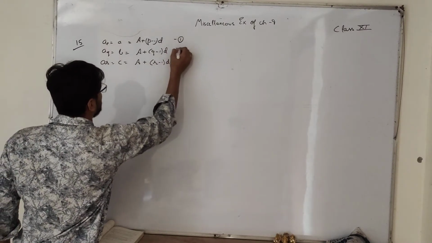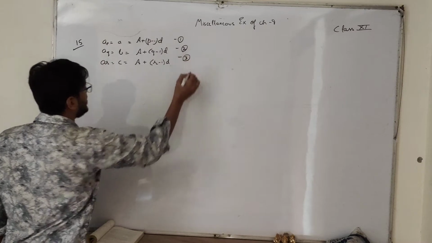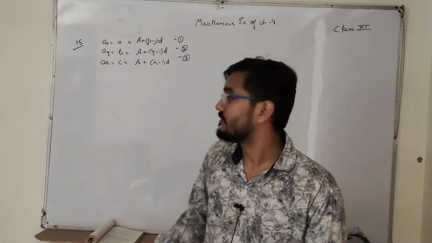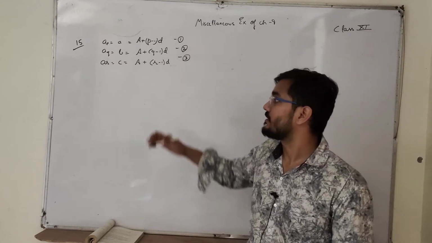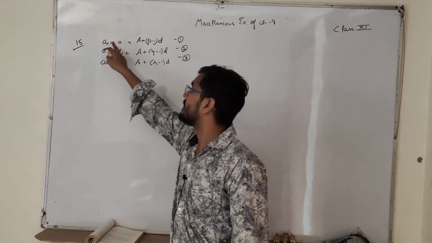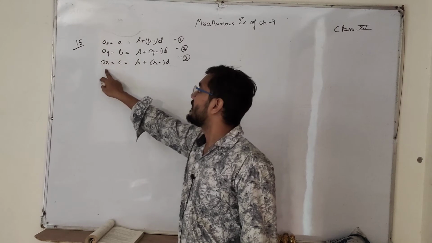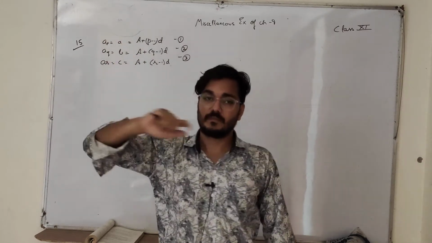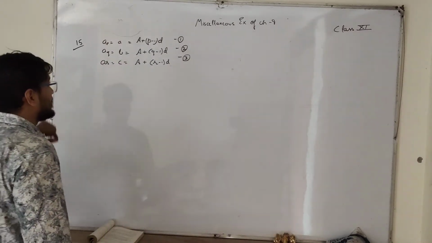So these are three equations we have. We know the formula for AN is A plus (N minus 1) D, so we have used that formula because the pth term is A, the qth term is B and the rth term is C. We have taken capital A because small a is already used there. So the first term is capital A.